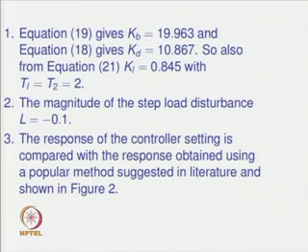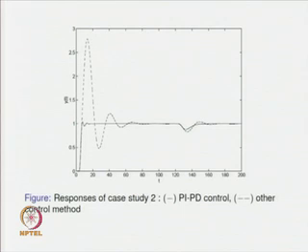The magnitude of the step load disturbance L is now minus 0.1, and the response of the controller setting is compared with the response obtained using a popular method suggested in the literature, shown in the next figure.